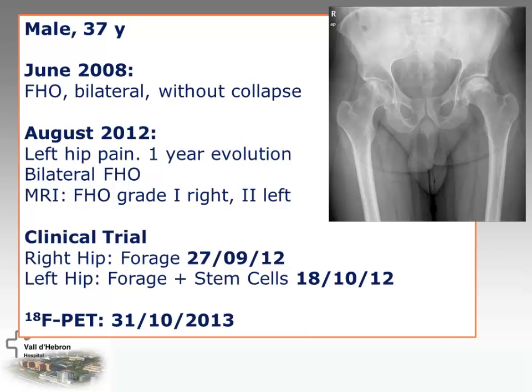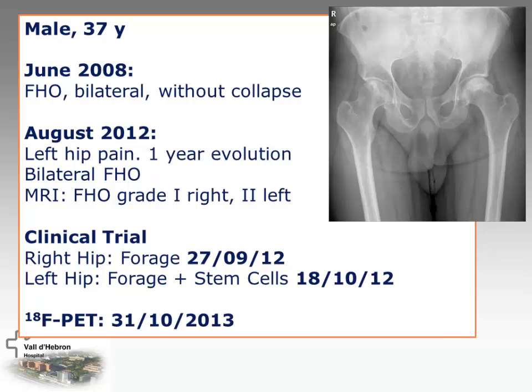It's not a boy. It's a male, 37, but with beautiful images. For this reason, I am going to show you. In June 2008, he has been diagnosed as having a bilateral femoral head osteonecrosis, but without collapse. 4 years later, he comes to the hospital with a left hip pain, 1 year of evolution, and on magnetic resonance imaging, he was diagnosed of a grade 1 on the right and grade 2 on the left.